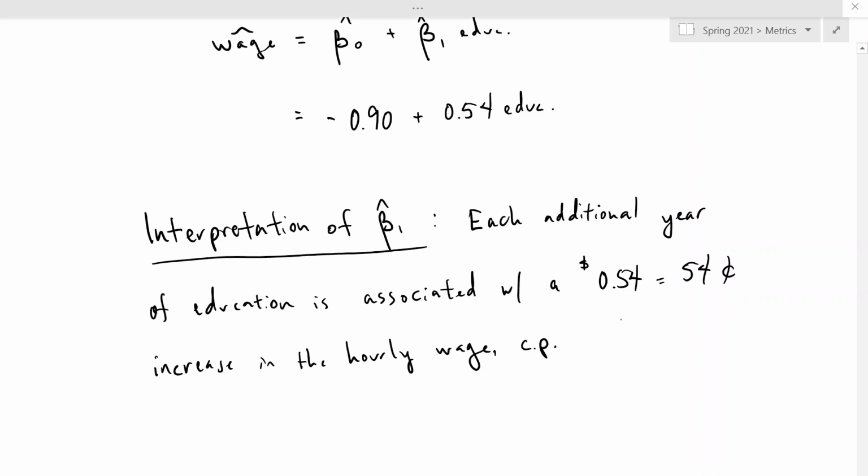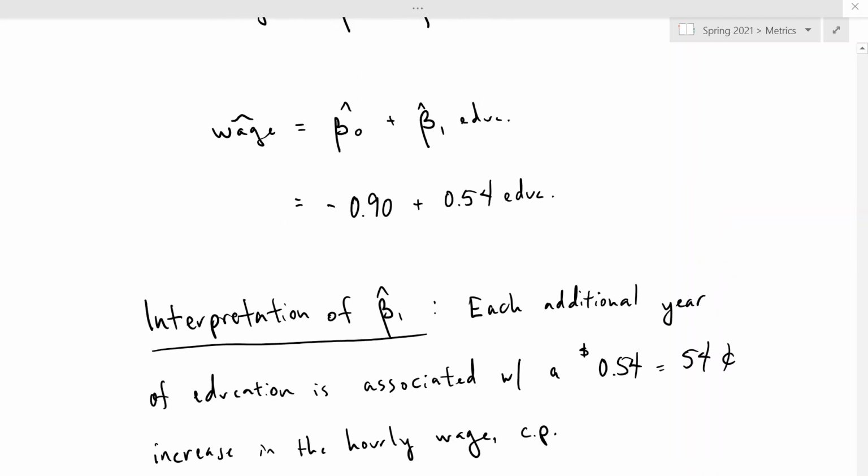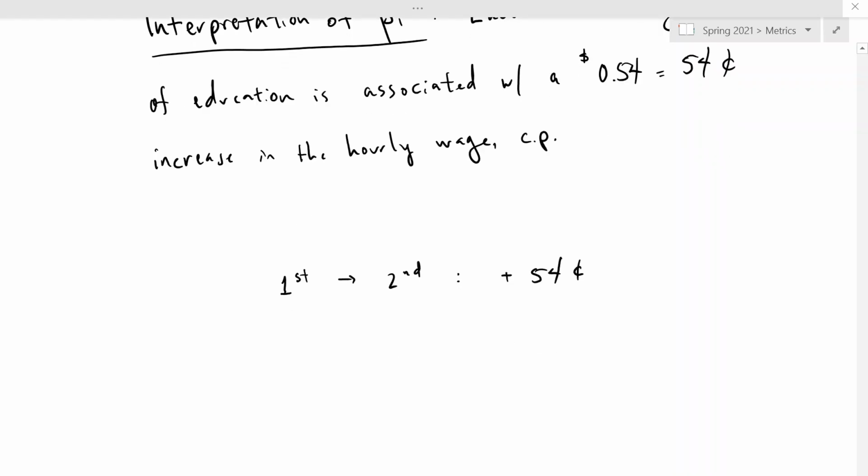On the surface this sounds okay, but if you start to think about what this means, this education variable is linear, so it's just a normal linear variable. What that's saying is that if you go from first grade to second grade, you've added a year of education, so you're going to add 54 cents to your hourly wage.